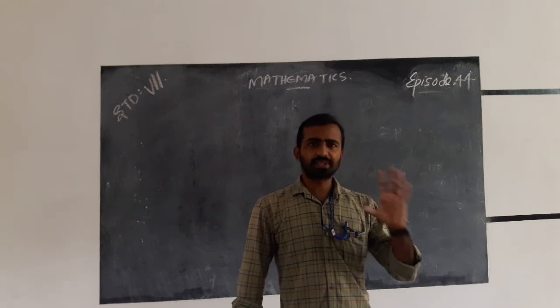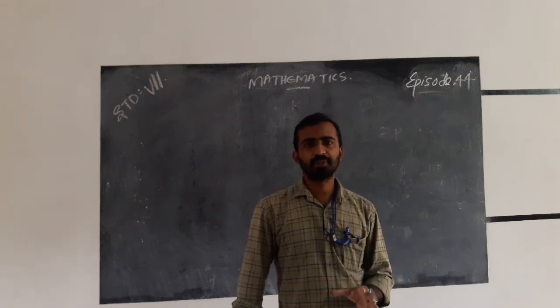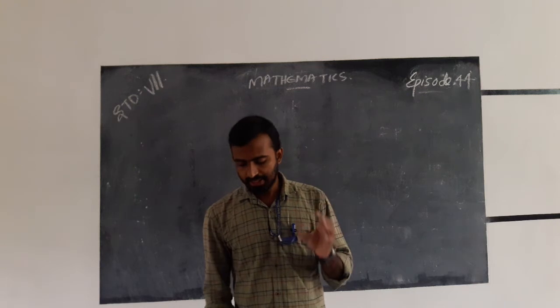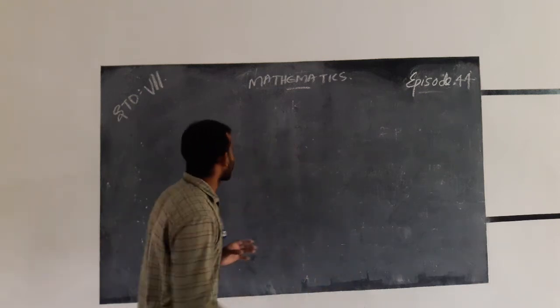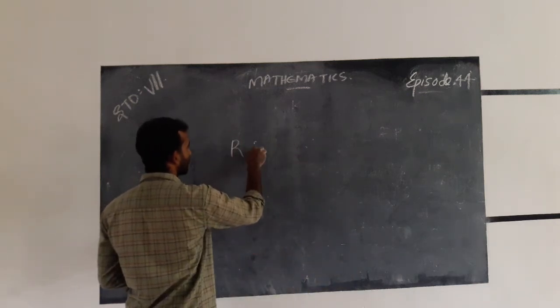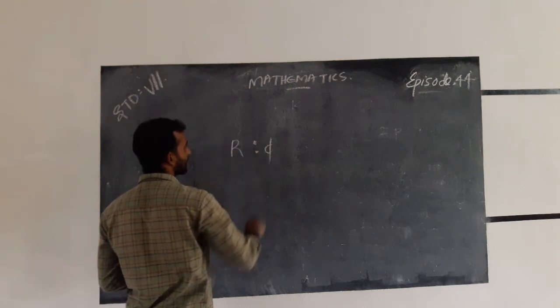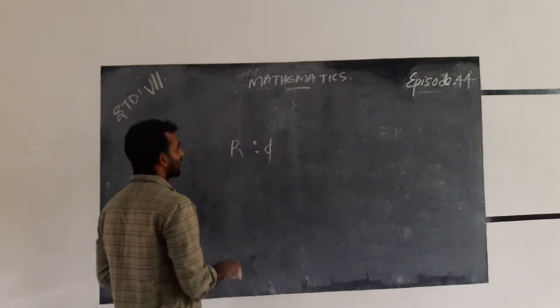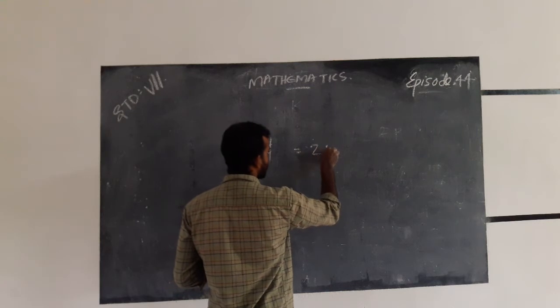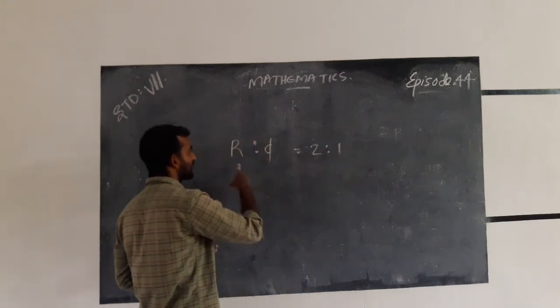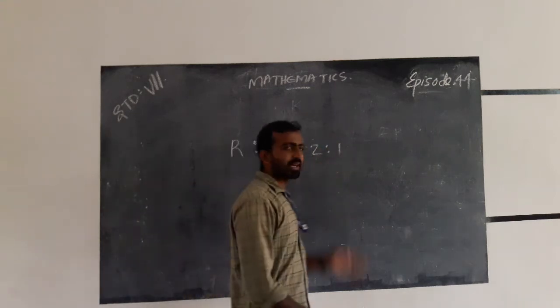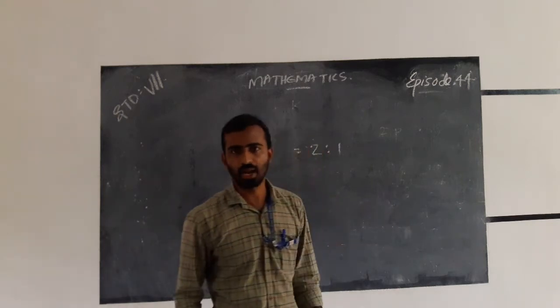Carefully, when we say the ratios, for example, here I write rice is to dal. We must write 2:1. That is, 2 represents the rice, 2 parts, and 1 represents the dal.